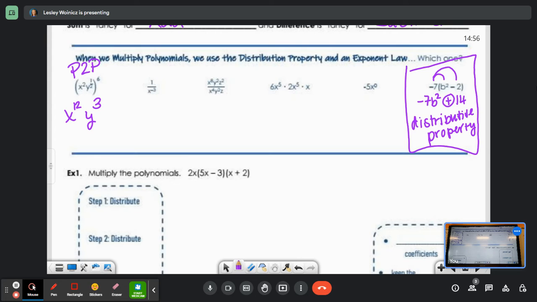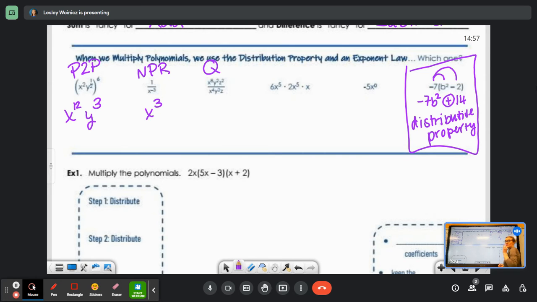Okay. All right, what about this one? Yeah, that's the negative power rule. Okay, I flip to get the reciprocal with a positive exponent. Okay, next one. Quotient.